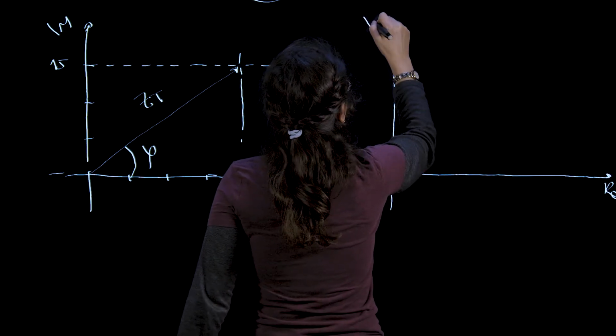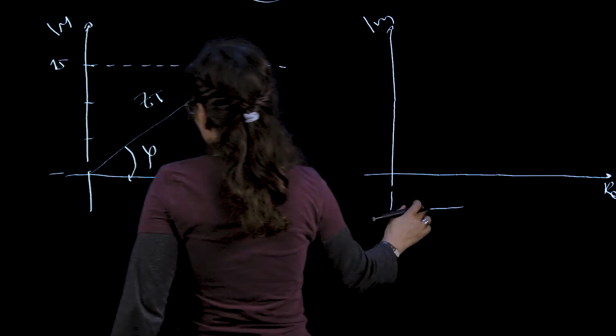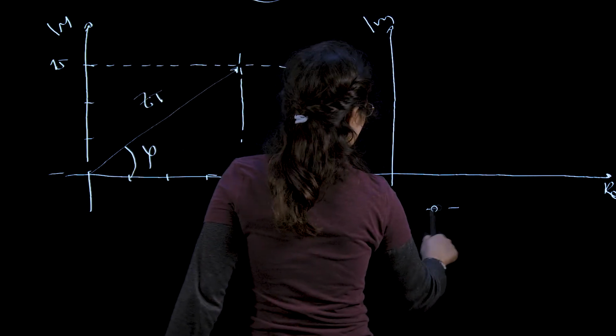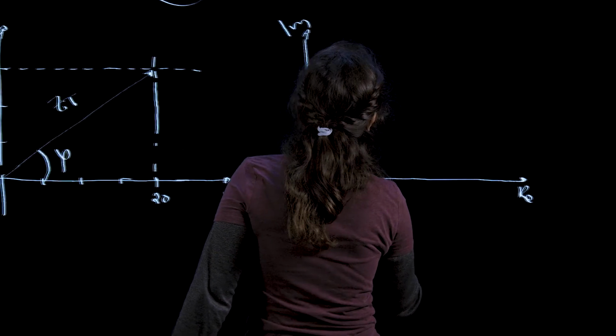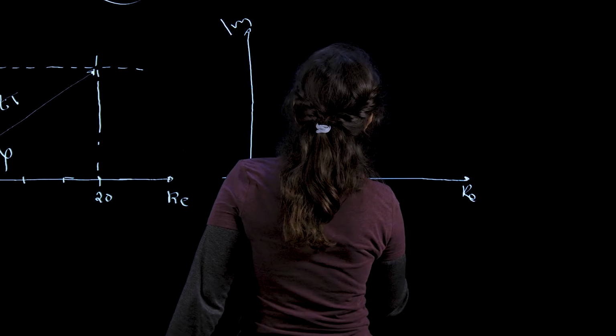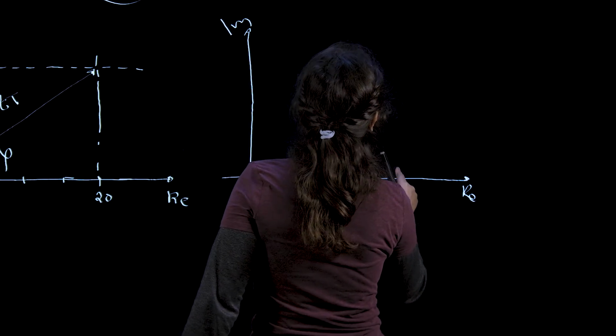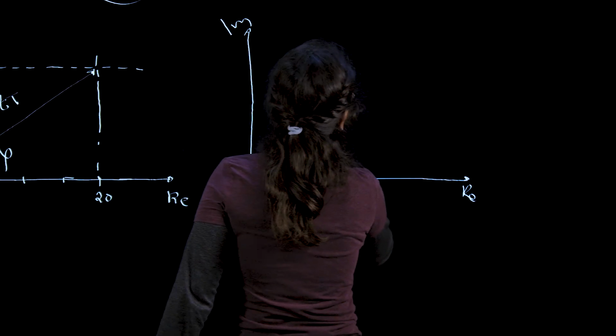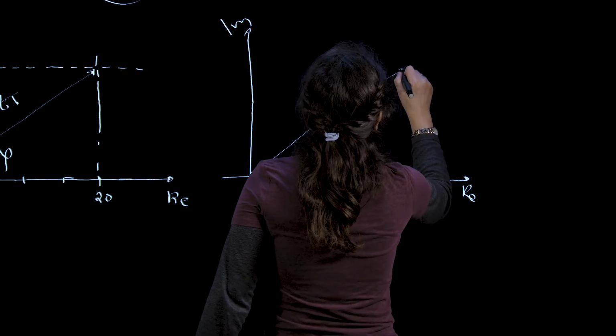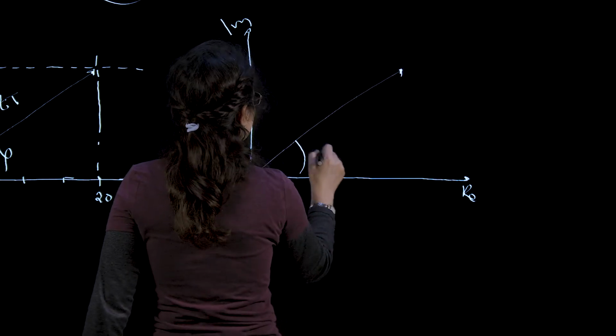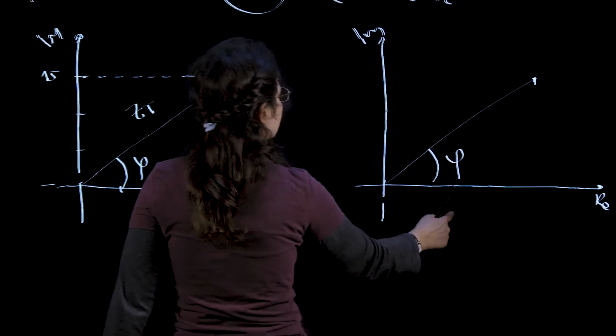Real and imaginary. So 4 to 3. 1, 2, 3, 4 here. So this would be my complex power. I have the same angle as my impedance there.